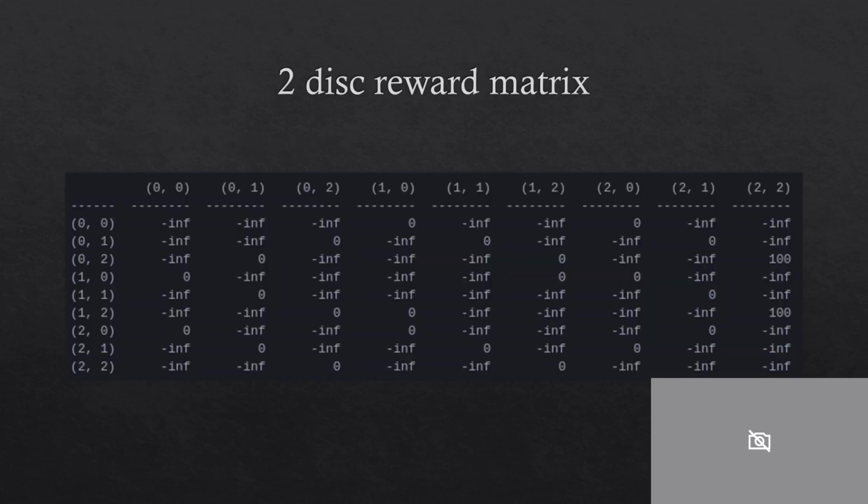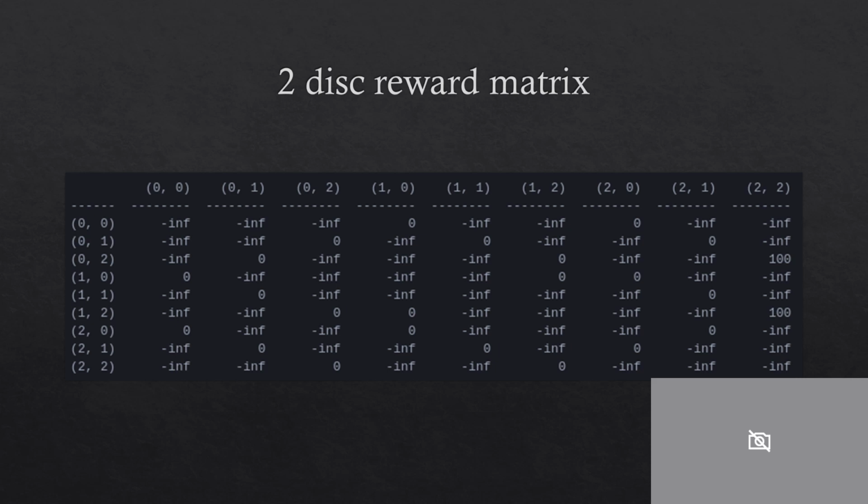Here we have an example for the 2-disk reward matrix, just 2 disks because it's a little easier. We see a lot of rewards of negative infinity that are all the moves that are impossible or not allowed. For example, we see that from 0, 0 to 0, 1 there is negative infinity.